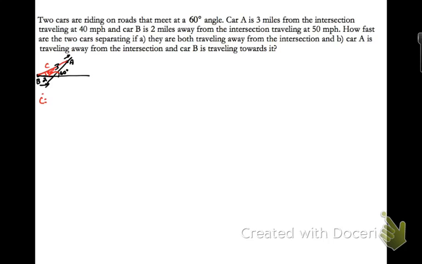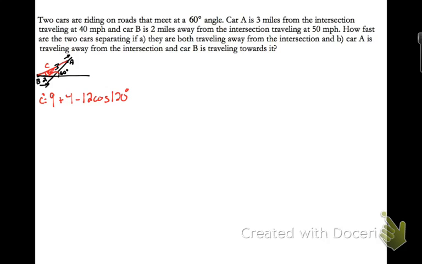We know from previous work we're going to need to know the length of c. And so to solve for c, we'd have to use the law of cosines, which again would be a squared. So in this case that would be 3 squared, which is 9, plus b squared, which would be 4, minus 2 times 3, which would be 6, times 2 would be 12, times the cosine of 120 degrees this time.